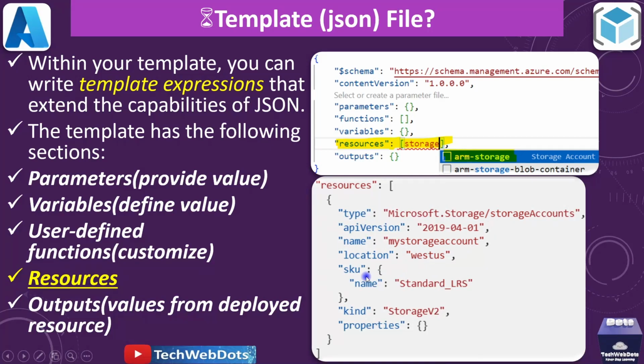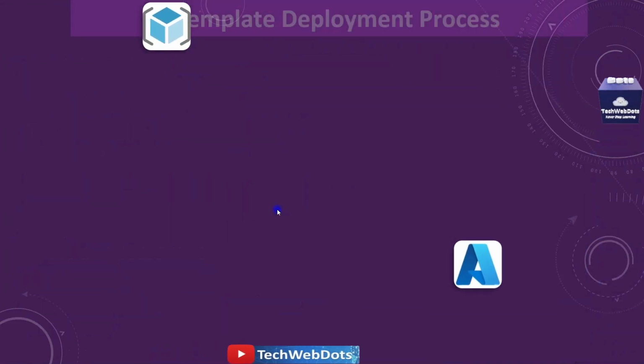Location we are selecting, SKU we are selecting, it is standard local redundant, and the kind of storage account that we want to create is this StorageV2, and the properties, right?